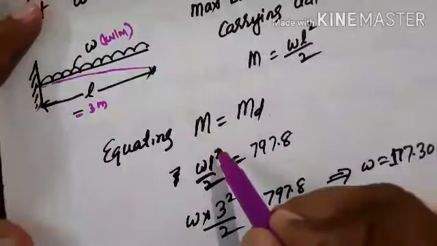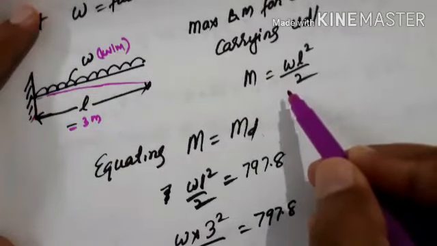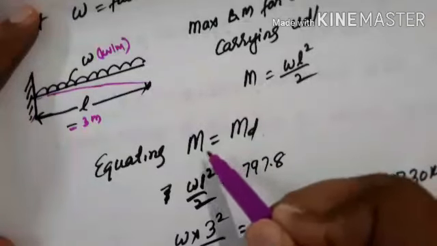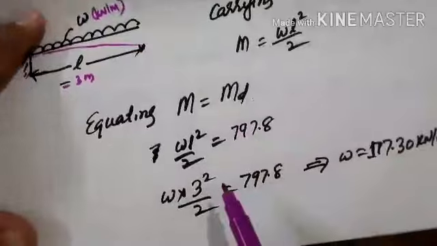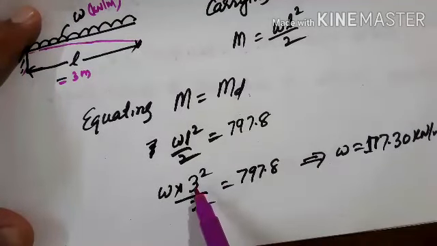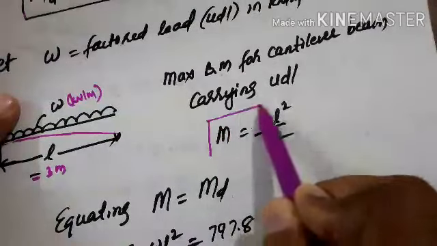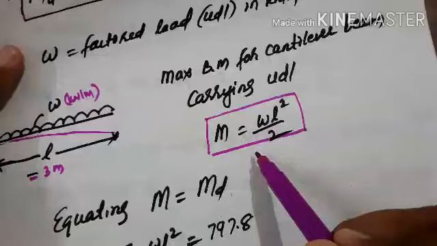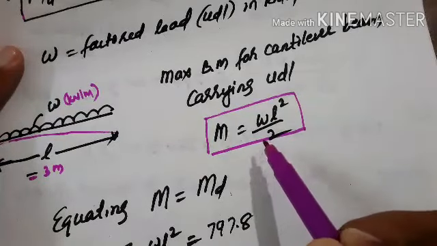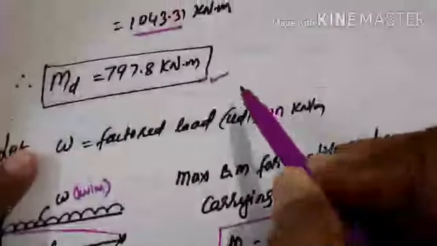Then equate this bending moment with the design bending strength whatever we have obtained. If we equate this, we get the load carrying capacity of the member. Just equate, because we know this formula. This is the maximum bending moment for a cantilever beam carrying the UDL. Then equate this to this one.